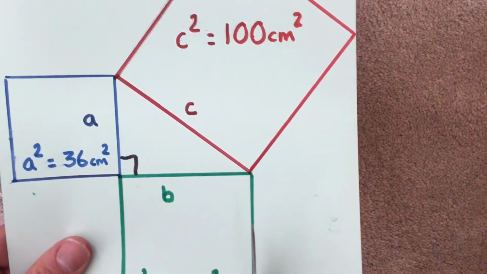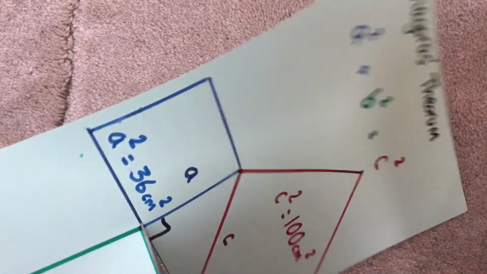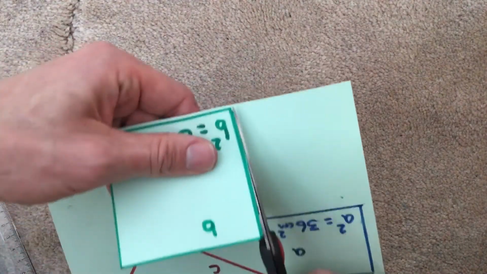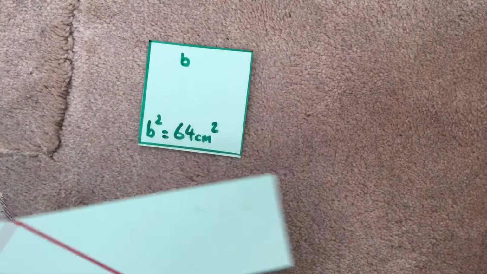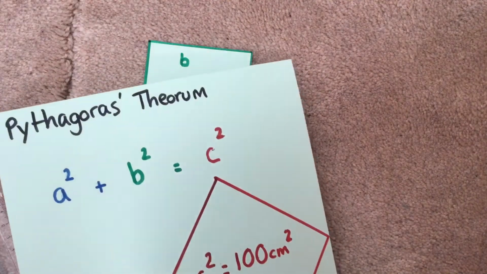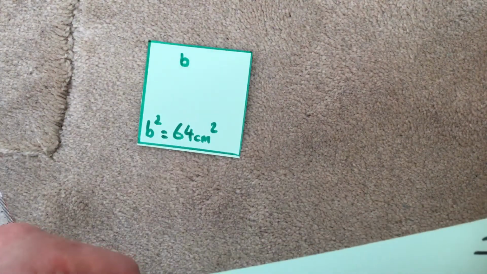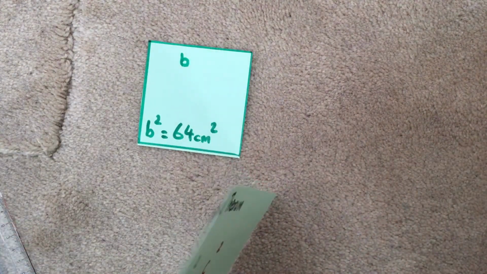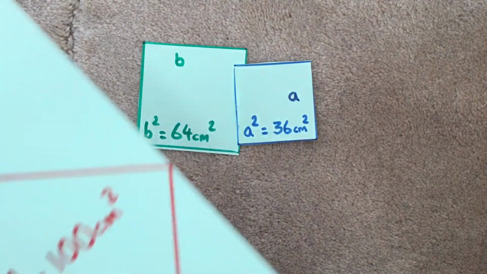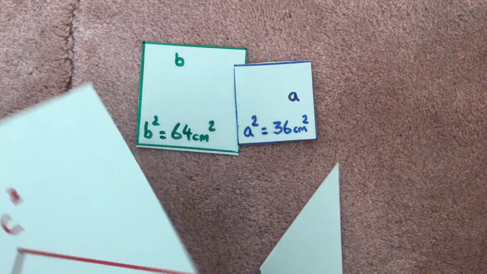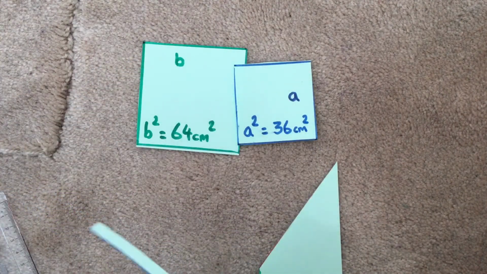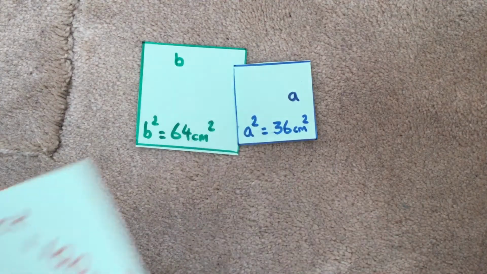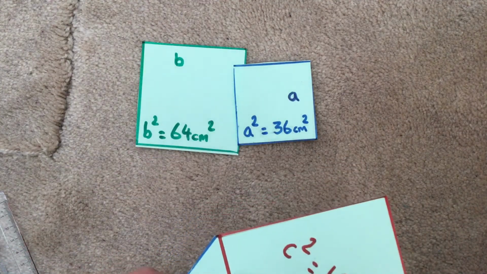Here's what I'm going to do though. I'm going to quickly cut my squares out. So there's B. And here is A. And here is C. And there's my original triangle.